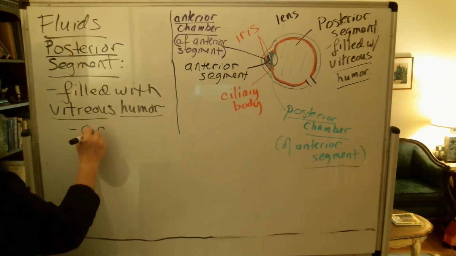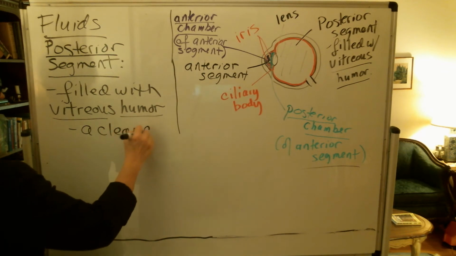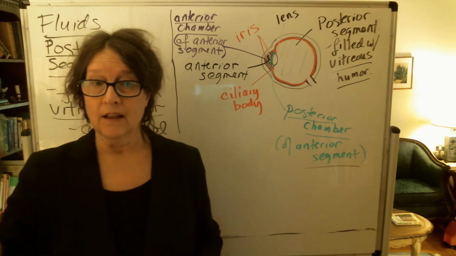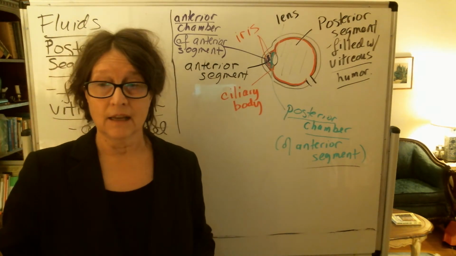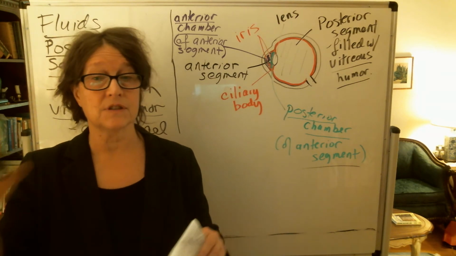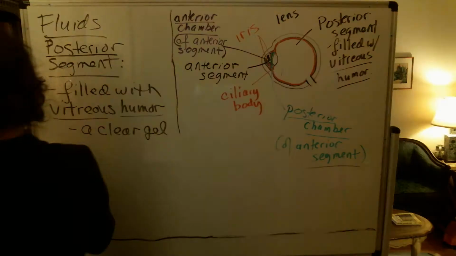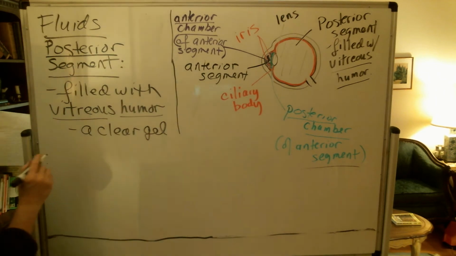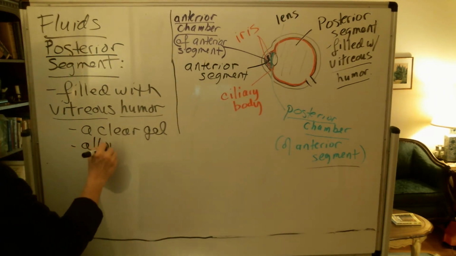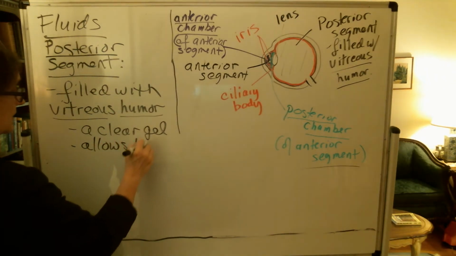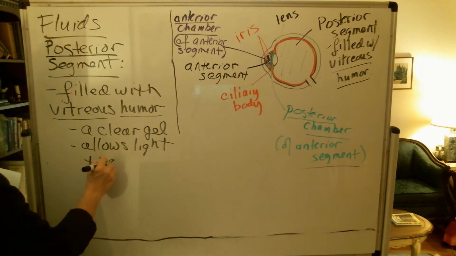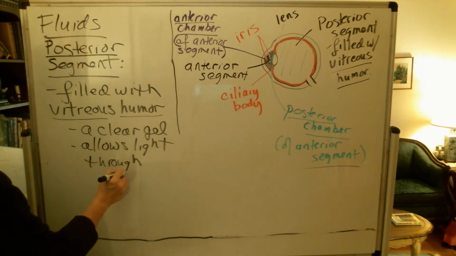So this then is a clear gel. Now when I say gel, I mean that it is thick. It flows, but not easily. It has a fair amount of substance to it. It's squishy, basically. So it's a clear gel. So it allows light to get through it which is a good thing.